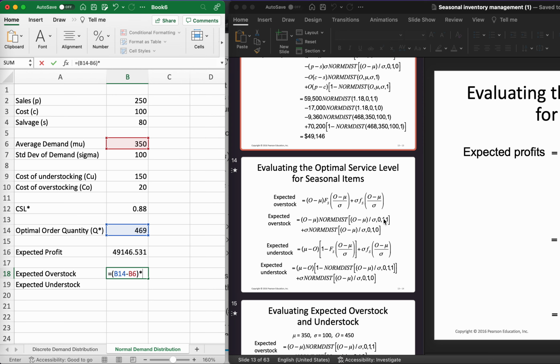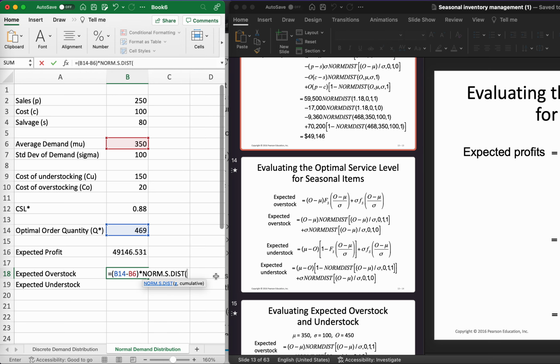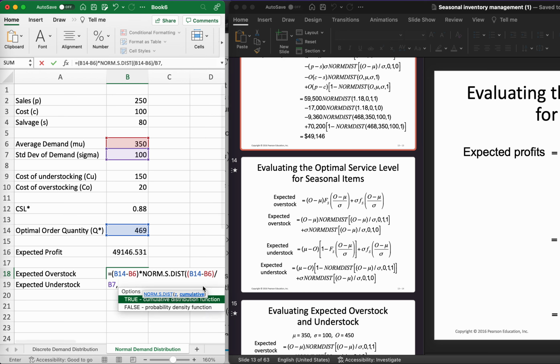Mean is 0, standard deviation is 1. So NORM.S.DIST of Q minus mu divided by sigma, comma, it's again true. It is a cumulative distribution. That's the first piece here, right?